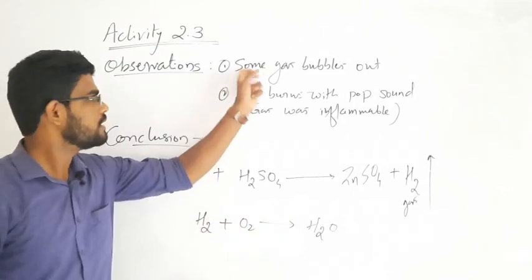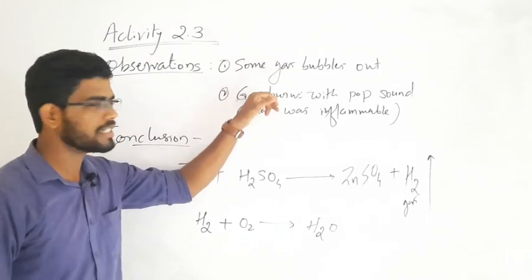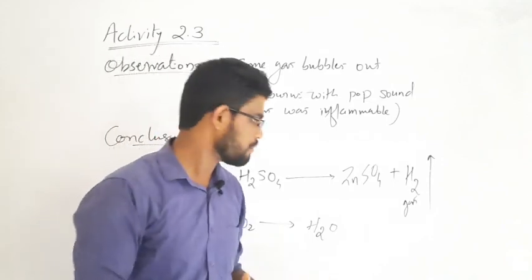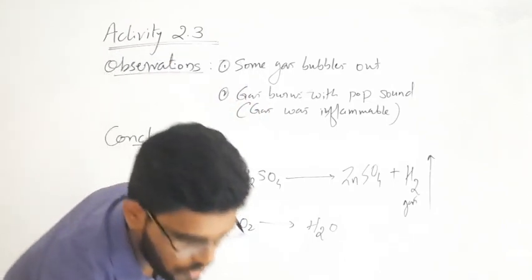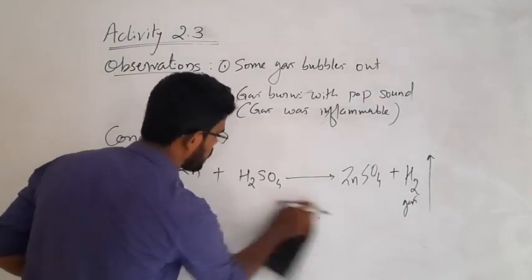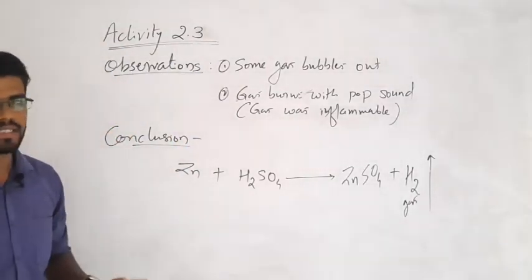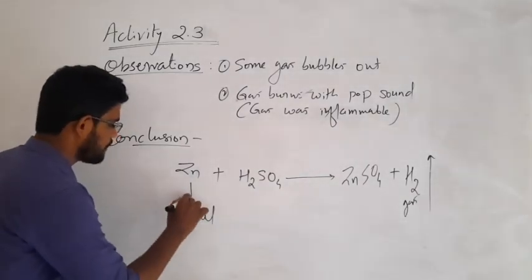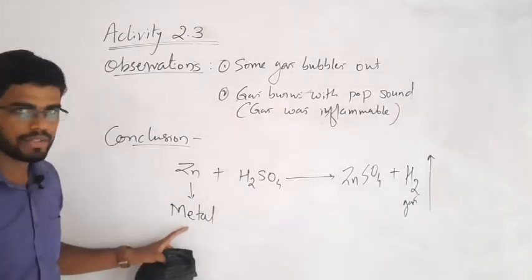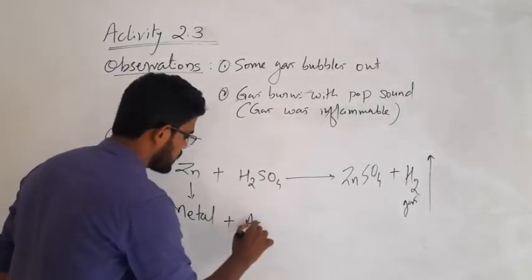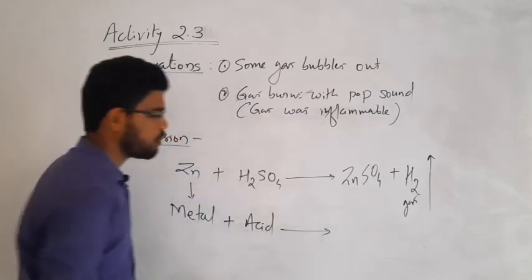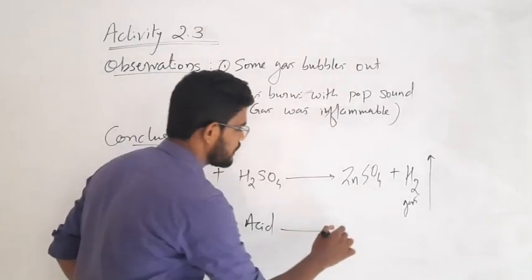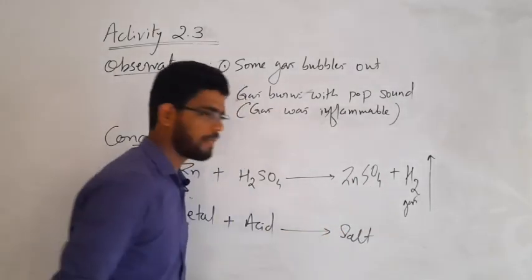So both the answers we have got. The released gas is hydrogen gas, and why is it burning? Because that hydrogen gas is inflammable. It explodes and it produces a pop sound, right? Now the motto of this activity is that we just need to observe whenever any metal, because zinc is a metal, right, is reacted with any acid, what do we get? We used to get zinc sulfate. This is nothing but a salt, right?